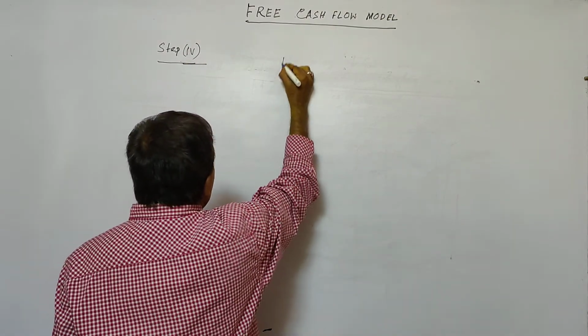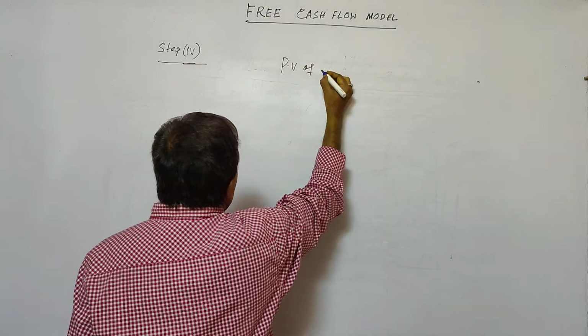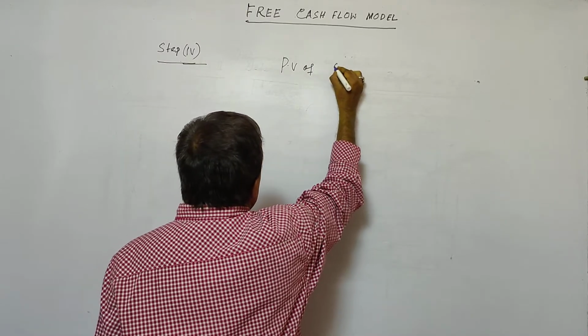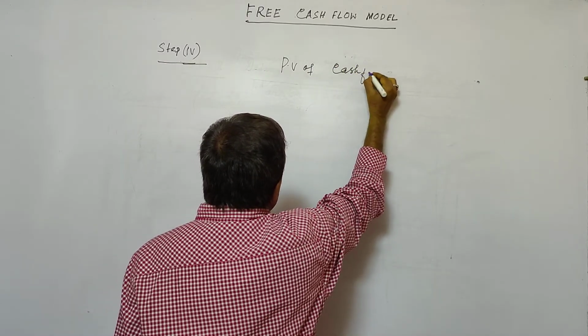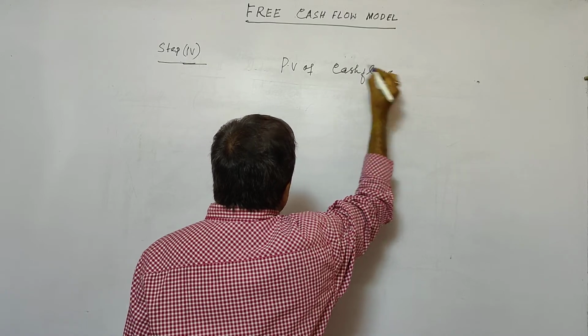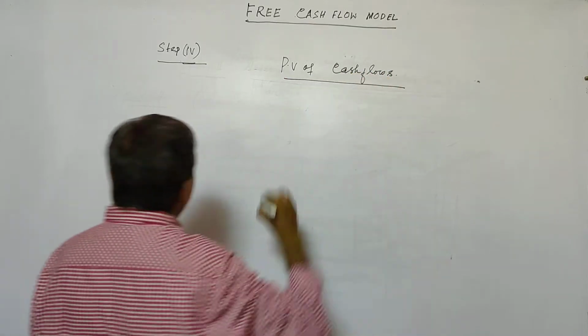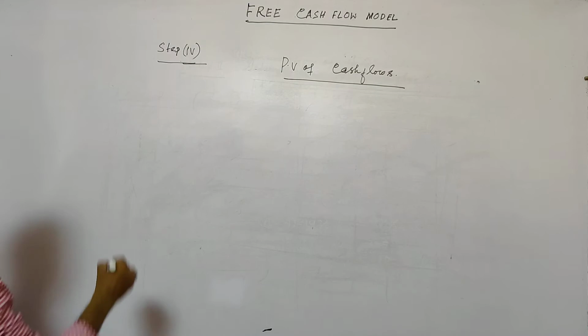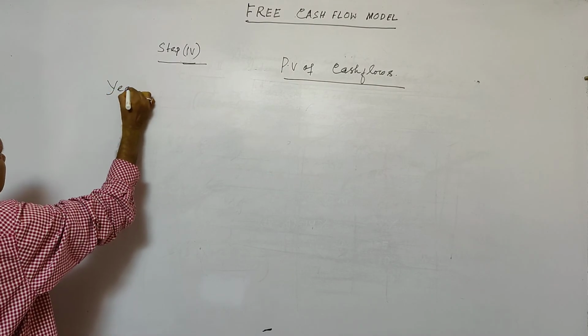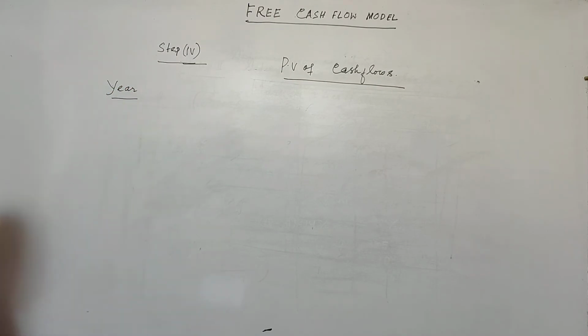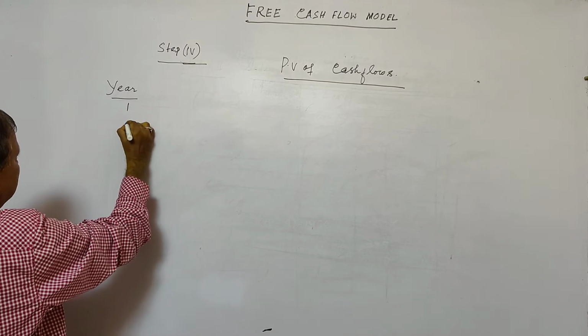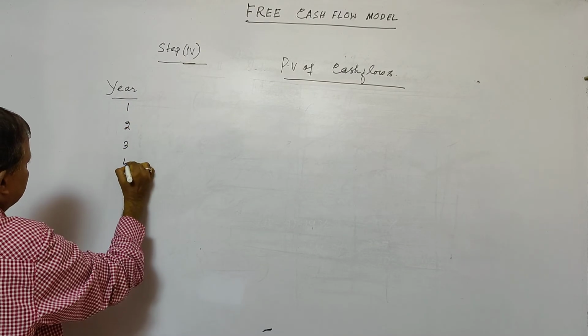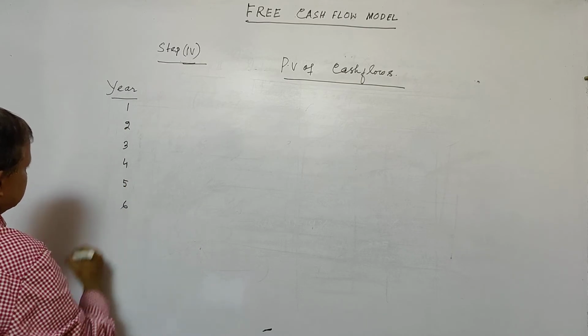This is present value of cash flows. This is year. Year will be 1, 2, 3, 4, 5, 6.